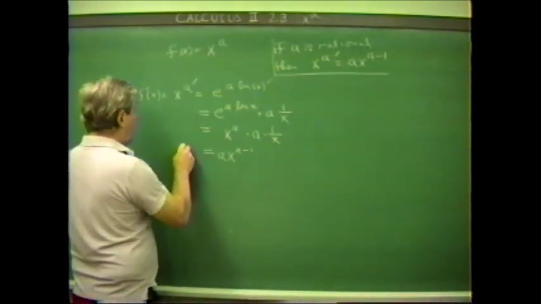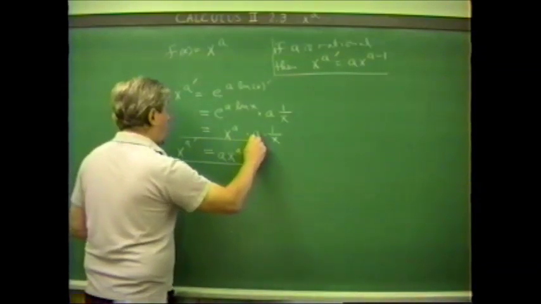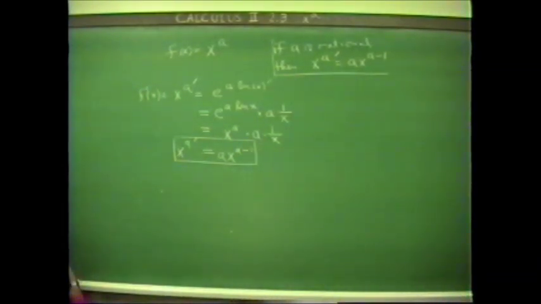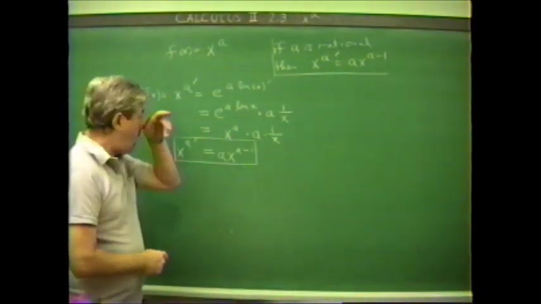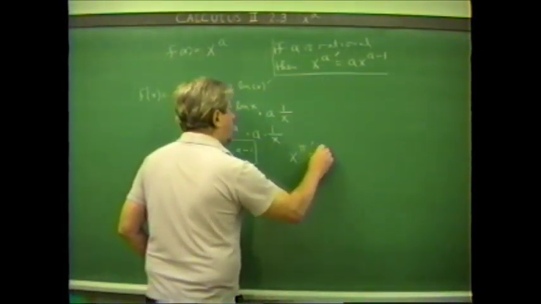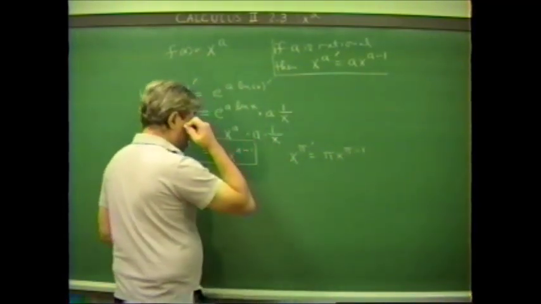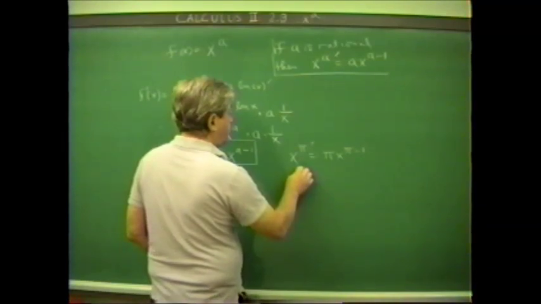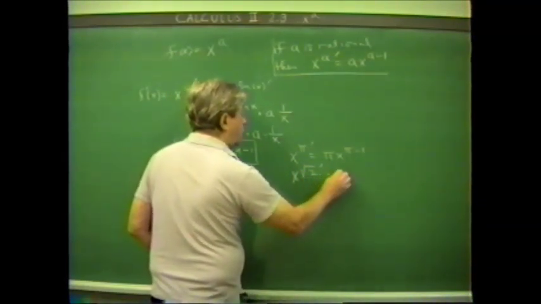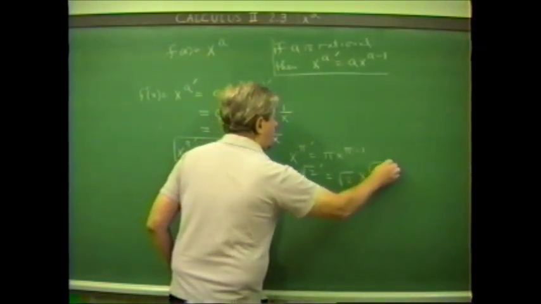So the derivative of x to the a is a x to the a minus 1. And this holds now for all numbers a, whether a is rational or not. So, for example, the derivative of x to the pi power is pi x to the pi minus 1. The derivative of x to the square root of 2 power is the square root of 2 times x to the square root of 2 minus 1.